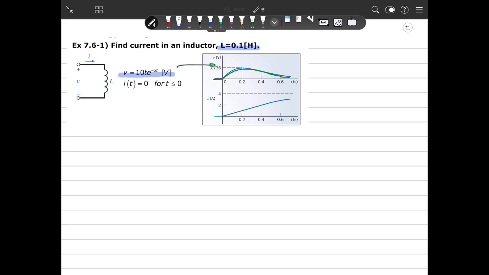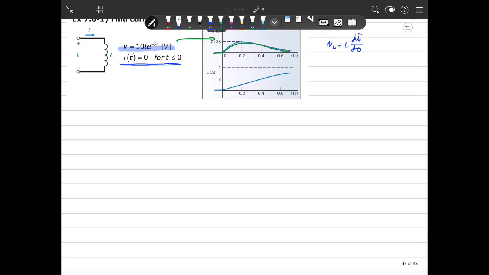Because we need to know about the current, this is the given initial value of the current. So what is the relationship between the current and voltage in the inductor? VL is L di/dt. So I'll use it here. In the problem, the voltage is 10 t e^(-5t).